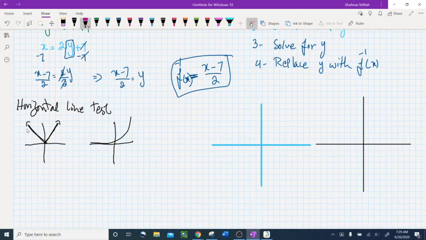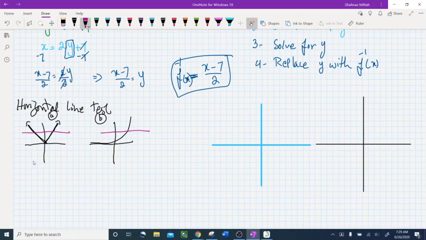So if I draw a horizontal line, do you see the line is touching the graph twice? This is my figure A and this is my B, okay? So I draw a horizontal line and it touches the graph twice. If I draw a horizontal line on B, it touches the graph once.